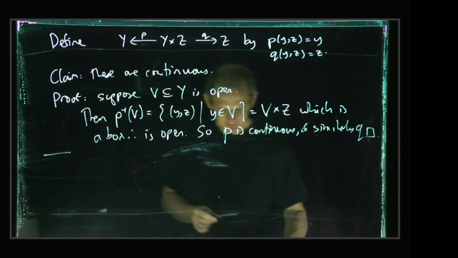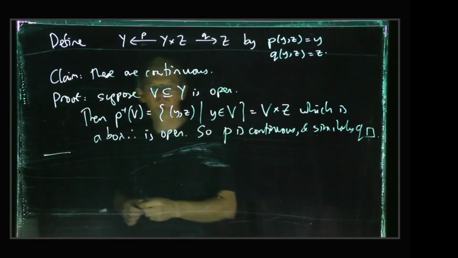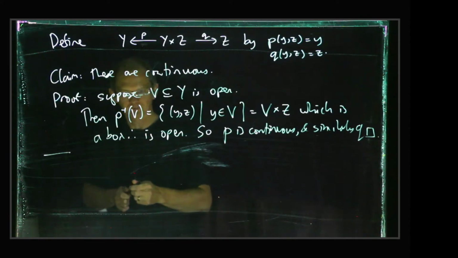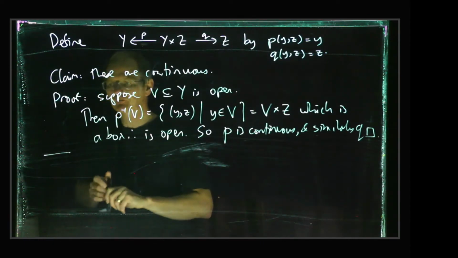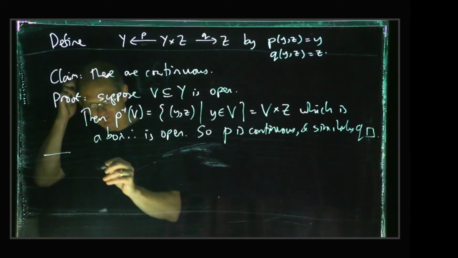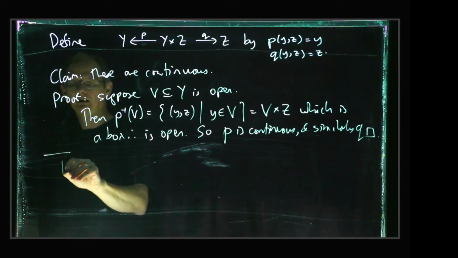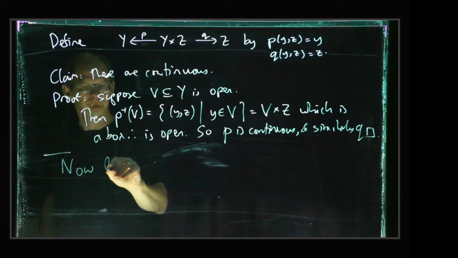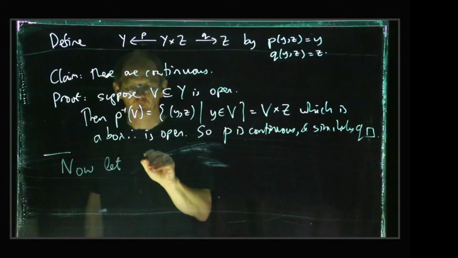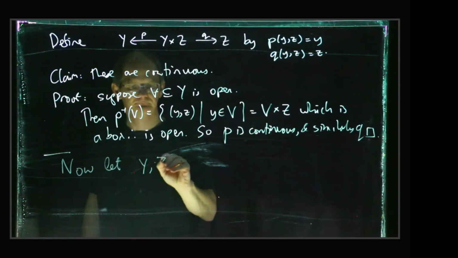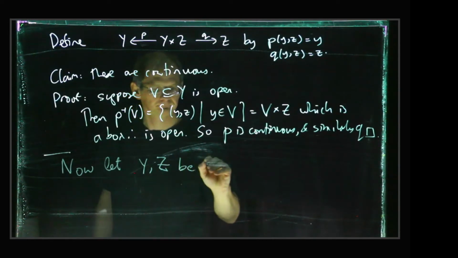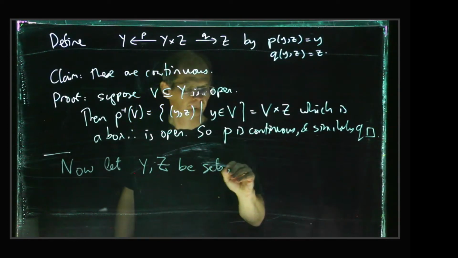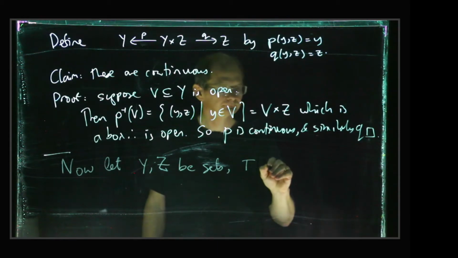Now we want to consider something a bit more general about continuous maps, but we're going to revert for a minute to the case just of sets. So now let's just let Y and Z be sets, and then T another set.